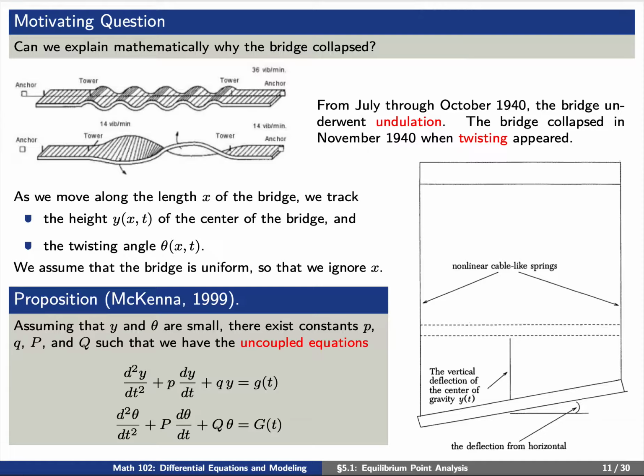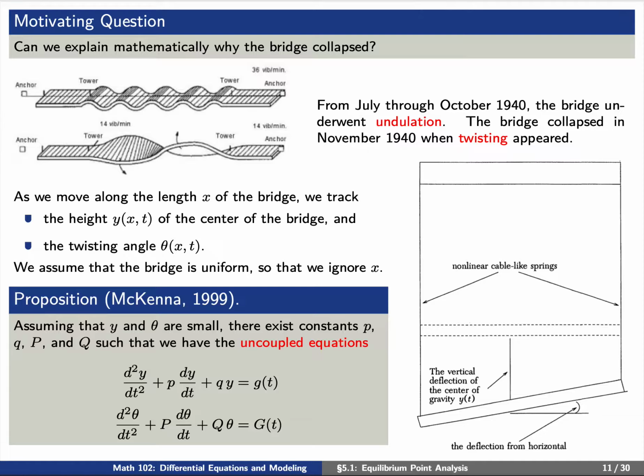In order to understand mathematically what happened, we will introduce two variables in order to differentiate between these two motions. First, we can consider the height y of the center of the bridge, and second, we can consider a twisting angle theta. In the late 1990s, McKenna considered these two variables and proved that they are both solutions to second-order linear equations.